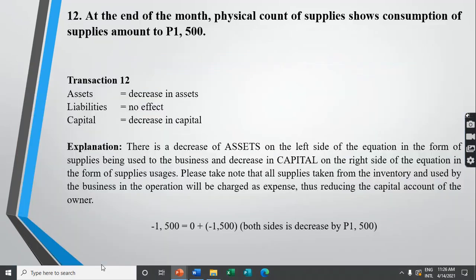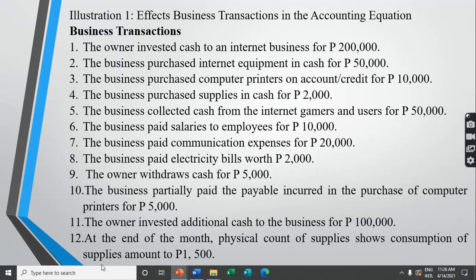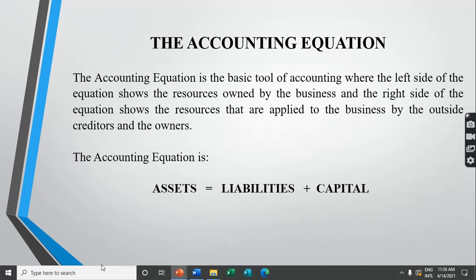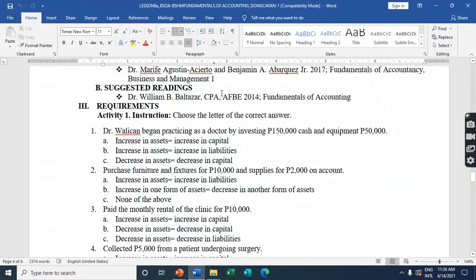Okay? So, that is your lesson 8 natin, accounting equation. Now, let's go to your requirements. So, ano ba yung requirements dito? Okay. Sa requirements yung sa lesson A, choose the letter of the correct answer. So, multiple choice siya.